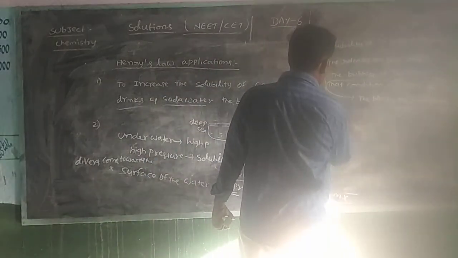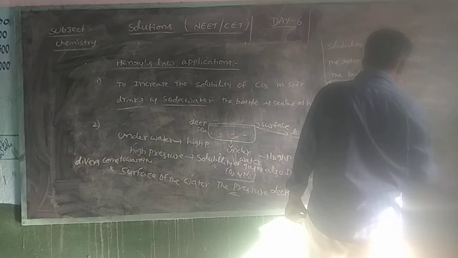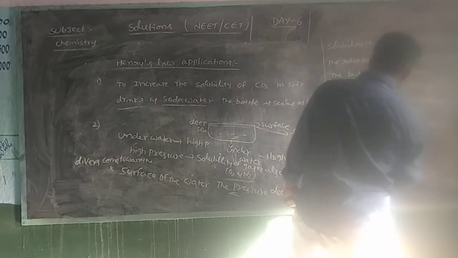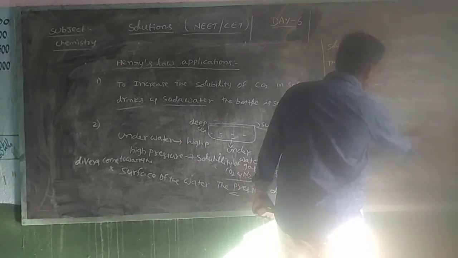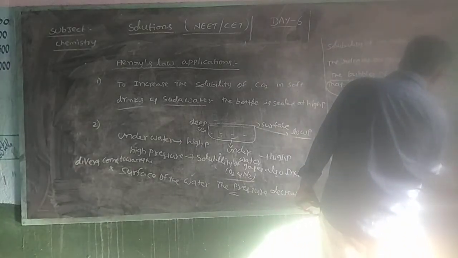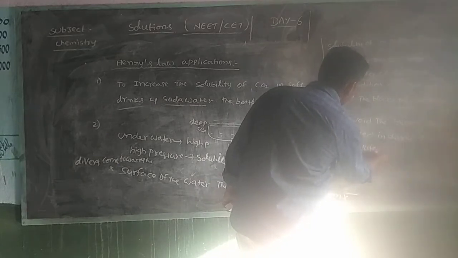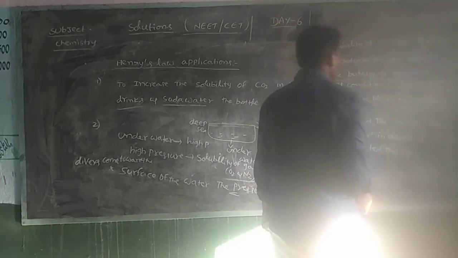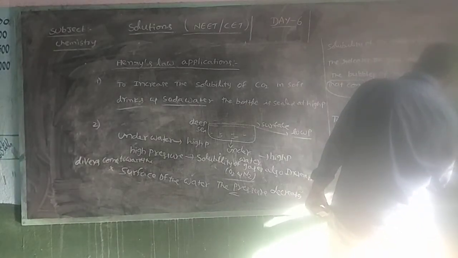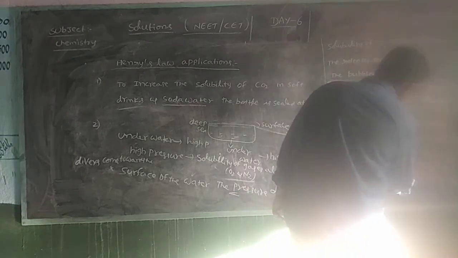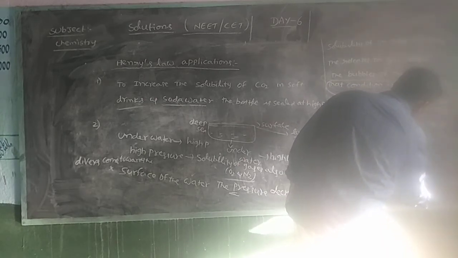To avoid the bends, divers' tanks are usually filled with air diluted with helium, and nitrogen and oxygen. 11.7% helium, 56.2% nitrogen, and 32.1% oxygen.